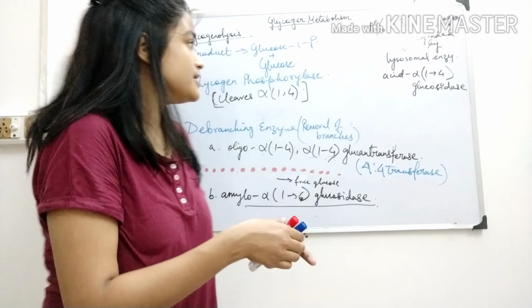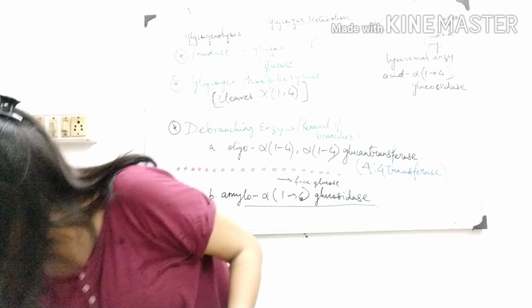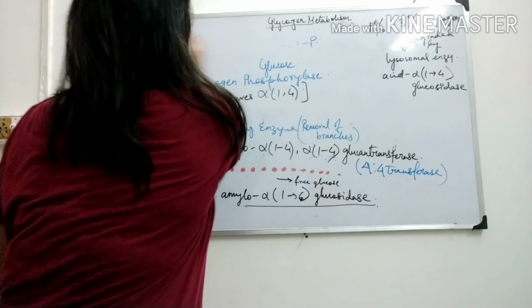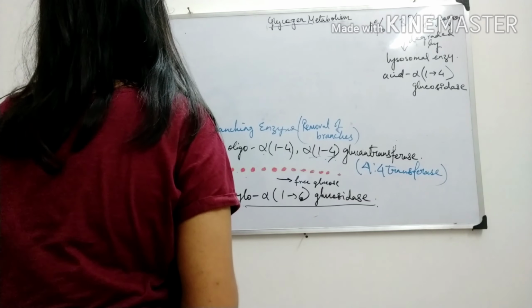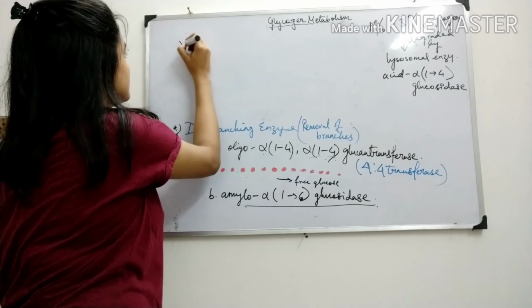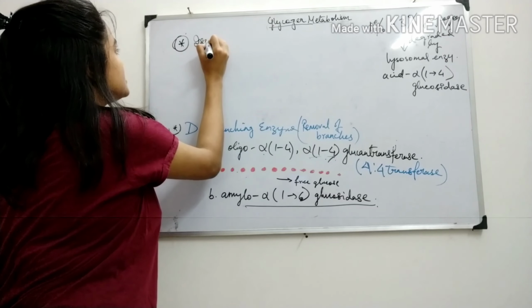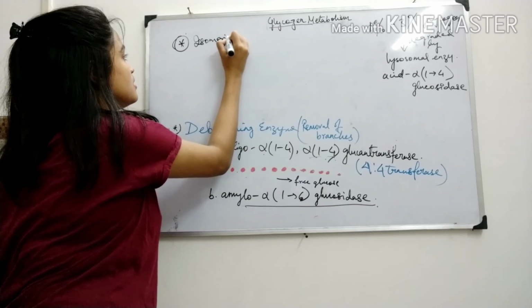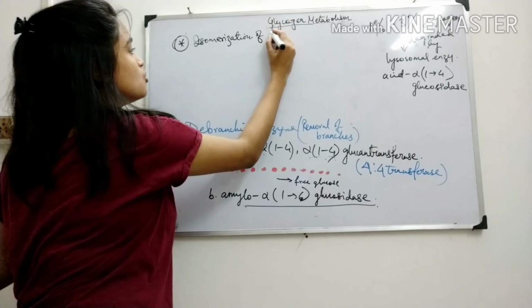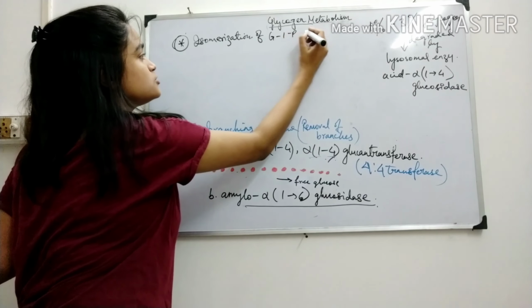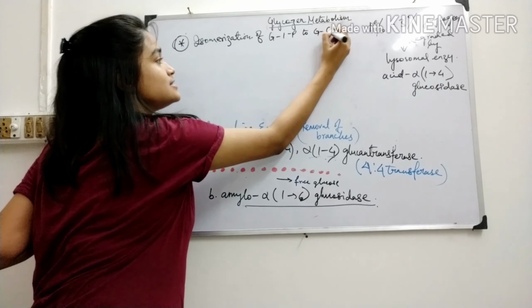Now the next step is where glucose 1-phosphate is converted to glucose 6-phosphate. So next one is isomerization of glucose 1-phosphate to glucose 6-phosphate.